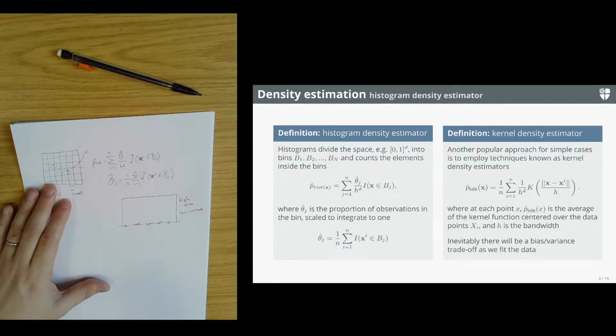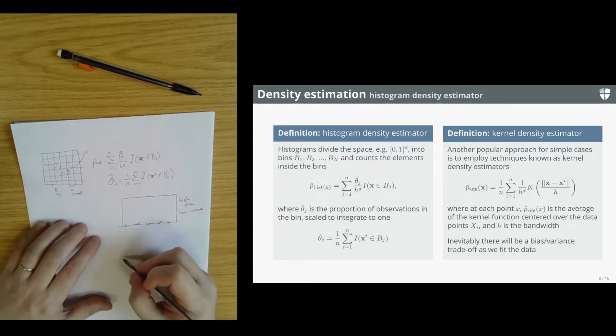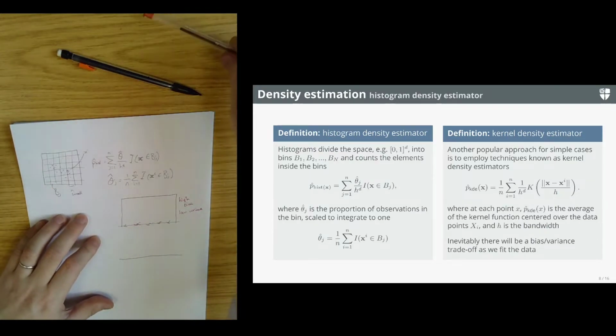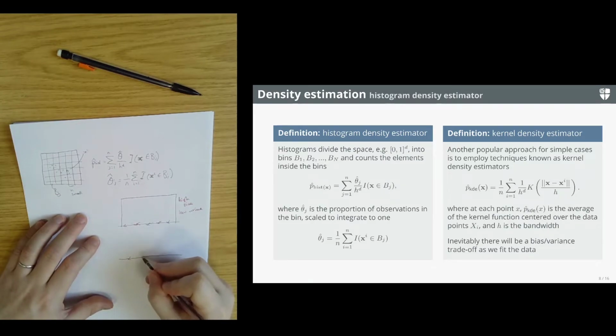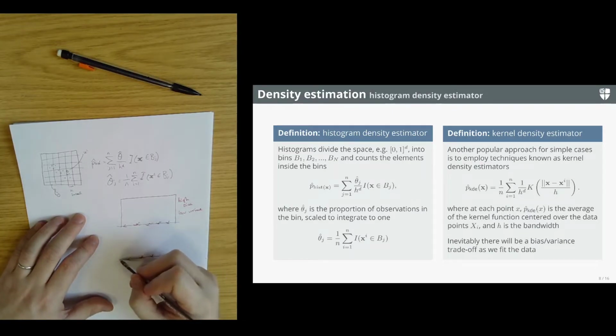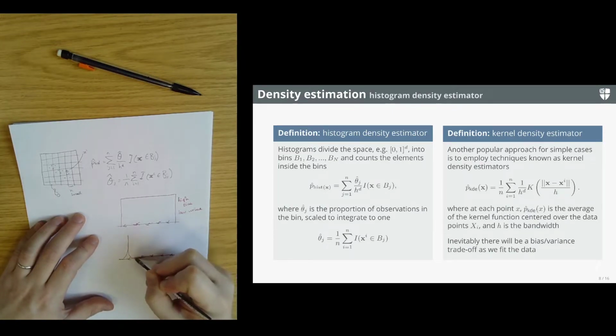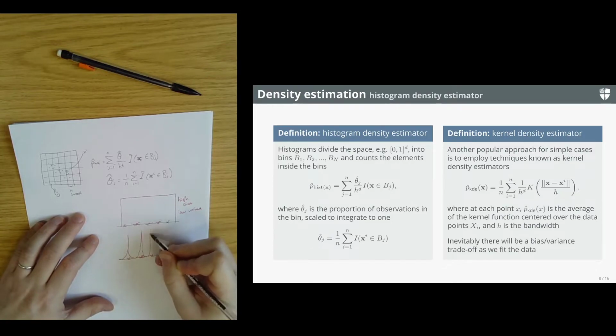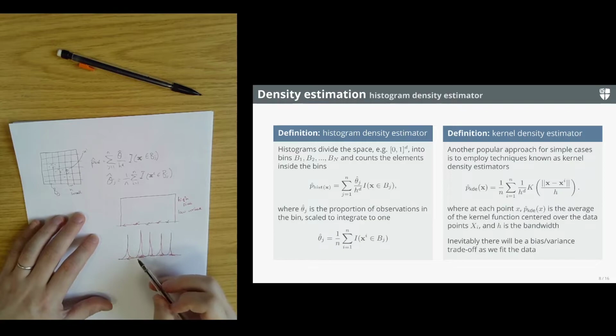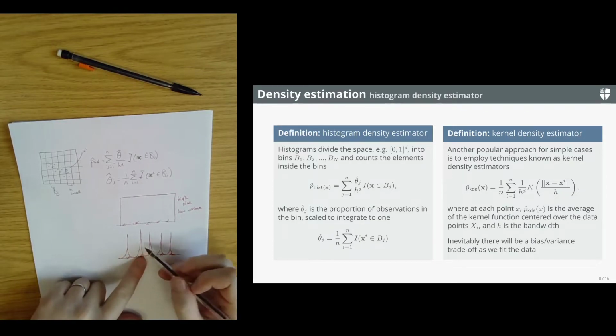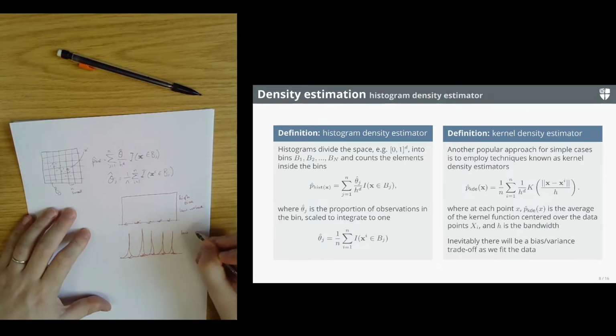Whereas if you have your bin value too small, with the same number of observations, and we plot this, we get something like this. We perfectly fit the data, so we have very low bias.